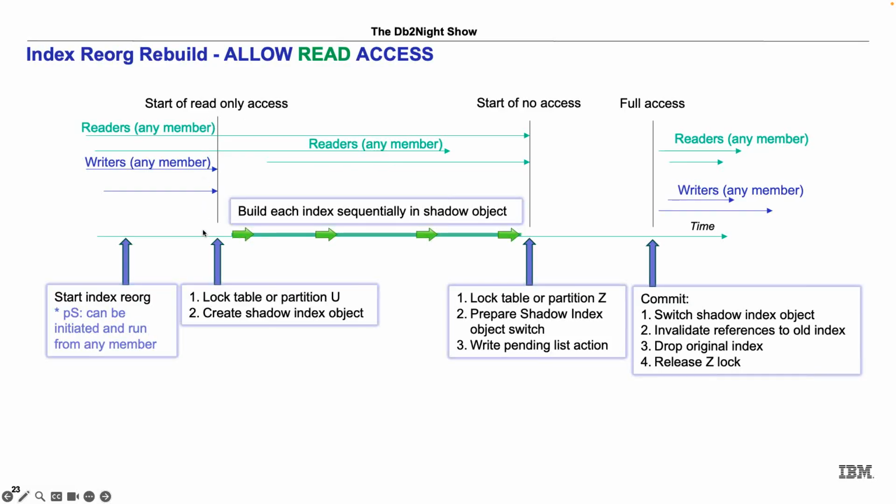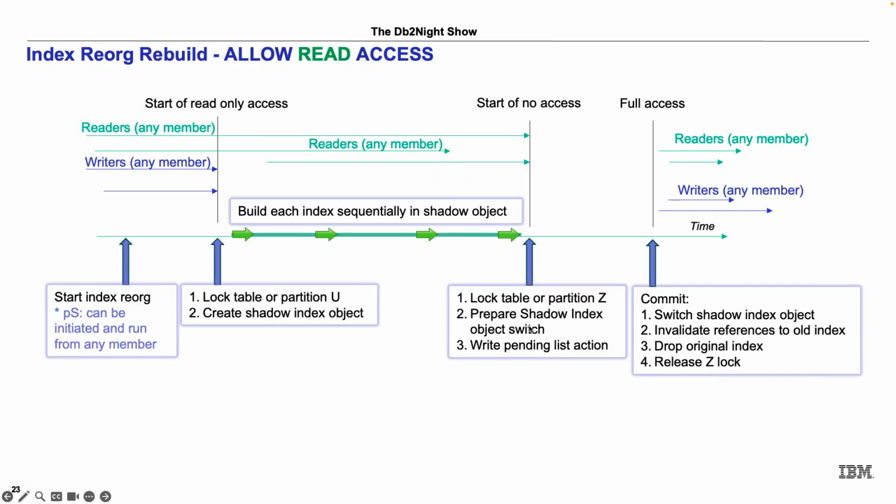But writers are blocked. The table or partition is locked in the Z lock, then a shadow index object is created, okay? Then we sequentially build each index in the shadow object. All the read access remains while we build the shadow object.